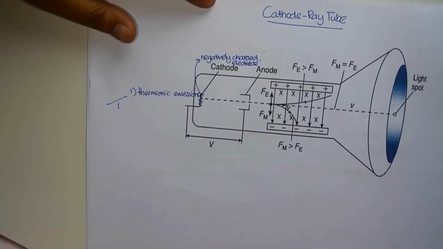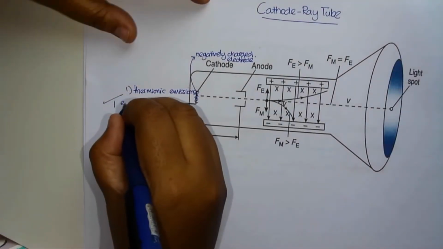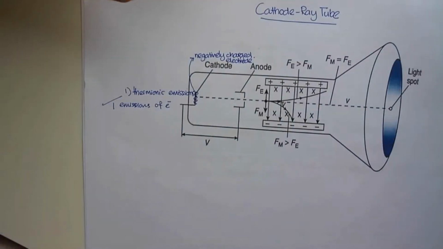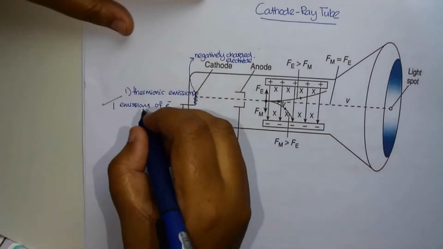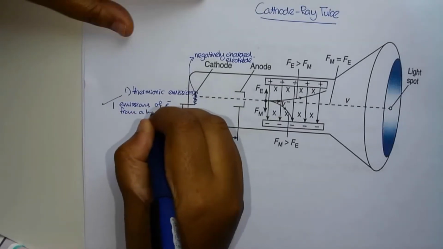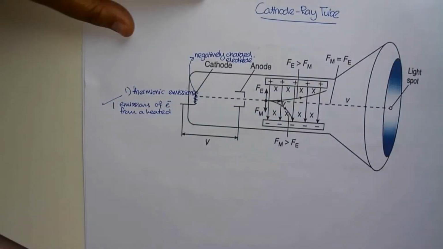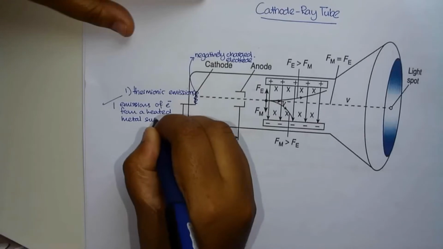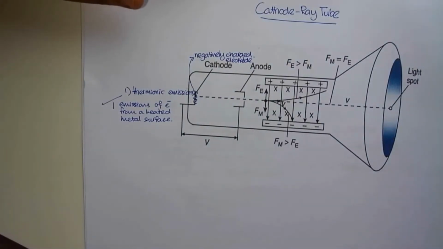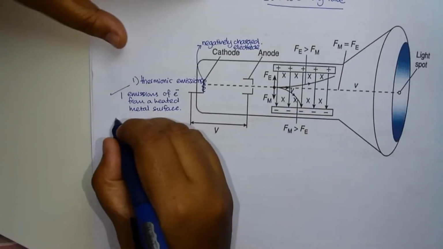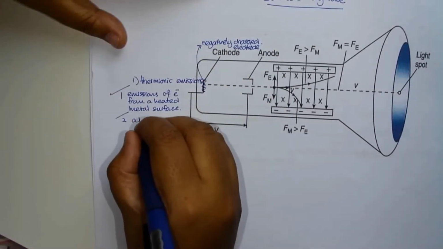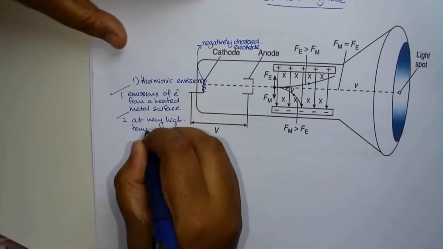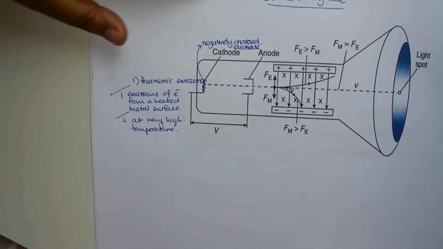Thermionic emission is the emission of electrons from a heated metal surface. The metal, which is the cathode, is heated at a very high temperature.